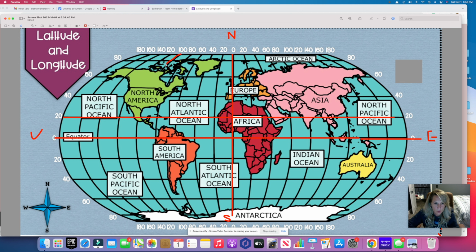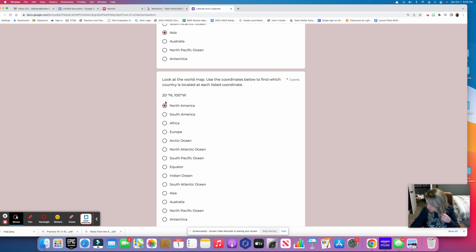And then we're going to mark that line of longitude. And I'm trying to stay on this line of longitude by drawing with a mouse, but it's a little difficult. Okay, and the point where those two line up, you are in the green area, and you are in North America. So there you go, North America. So your answer for 20 degrees north, 100 degrees west, North America.